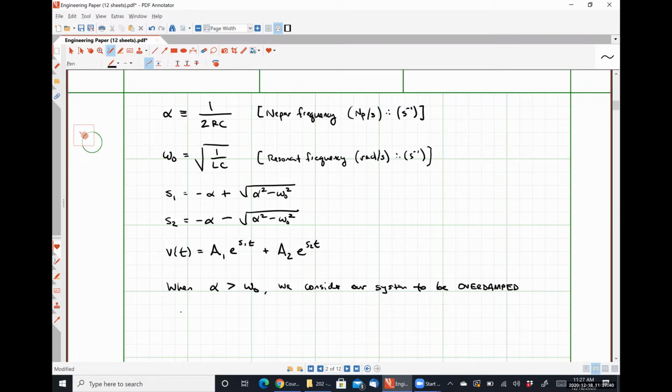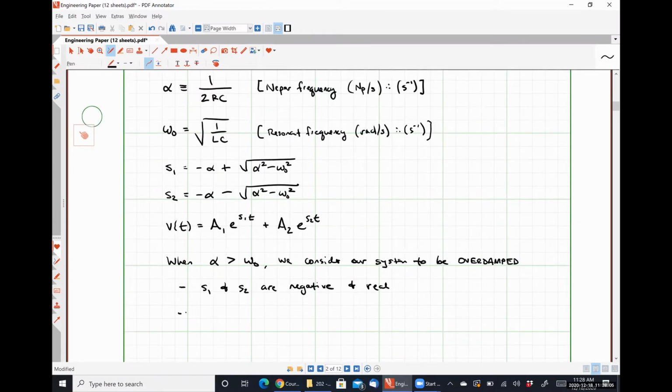In an overdamped system, S1 and S2 are negative and real, meaning they have a discrete value that is not imaginary. And our response, generically speaking, y of t, will be of the form we've previously discussed: A1 e to the S1t plus A2 e to the S2t.